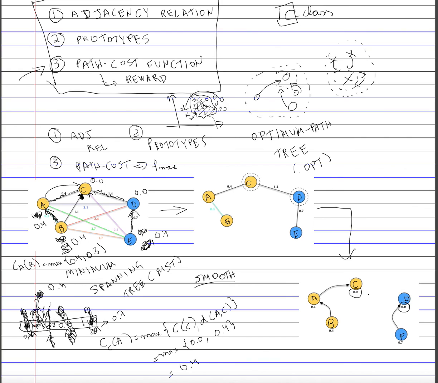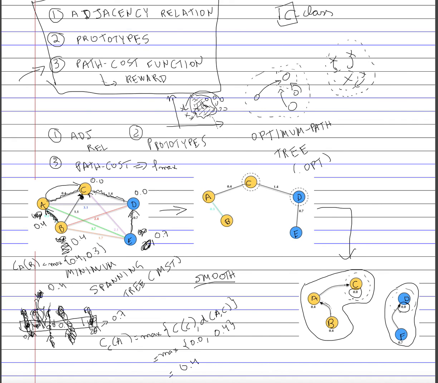As I told you, at the very end of the training phase, we have a collection of optimum path trees, and these trees are rooted at the prototypes. By rooted, I mean I can pick just any node from the training set, and if I follow the predecessor map, I mean if I follow the guy that has conquered someone else, I'm going to end up at the prototype.